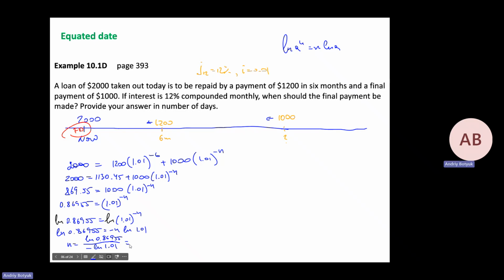Don't lose that minus, because the numerator is negative. So we get about 14.04771807, and that would be what, months, right?